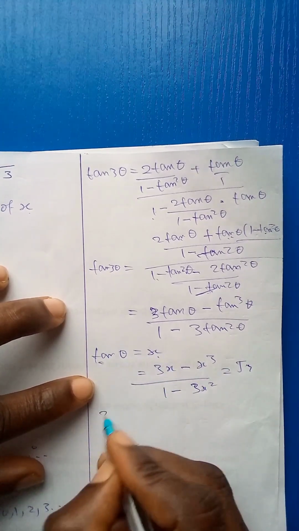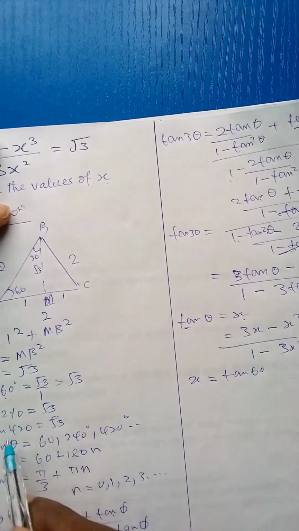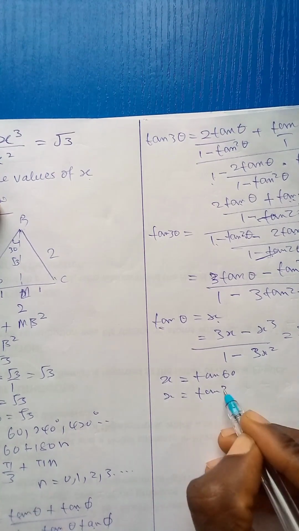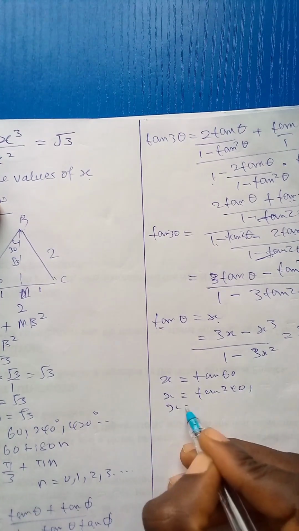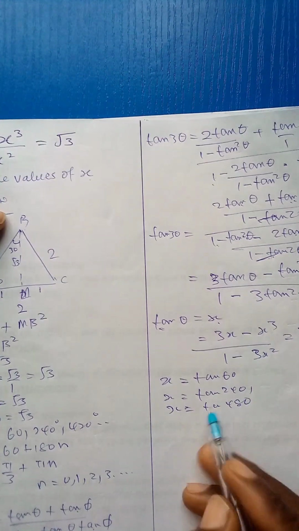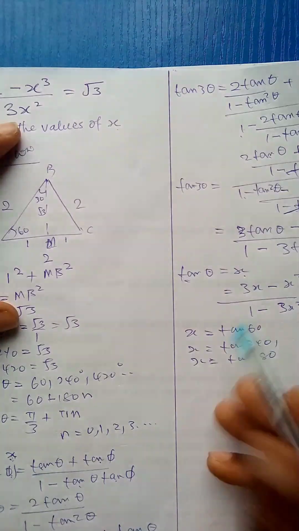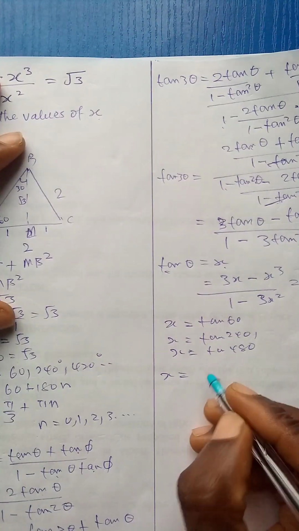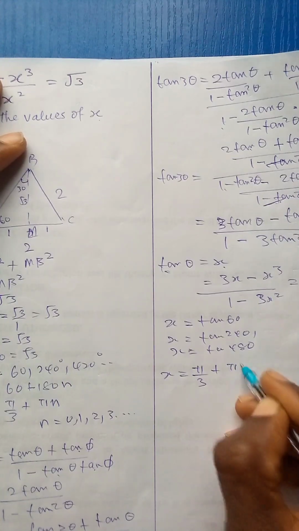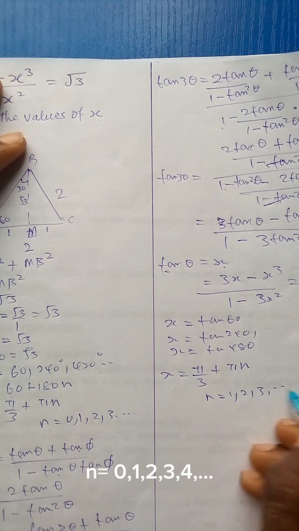And if that's the case, our x equals tan 60, as we have seen here, or x equals tan 240, or x equals tan 480. Now, collecting them together, we are asked to find all the values of x. It simply means that x is equal to pi over 3 plus pi n, where n is 1, 2, 3, and so forth.